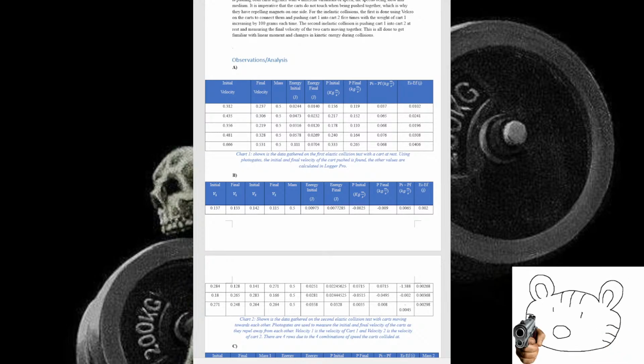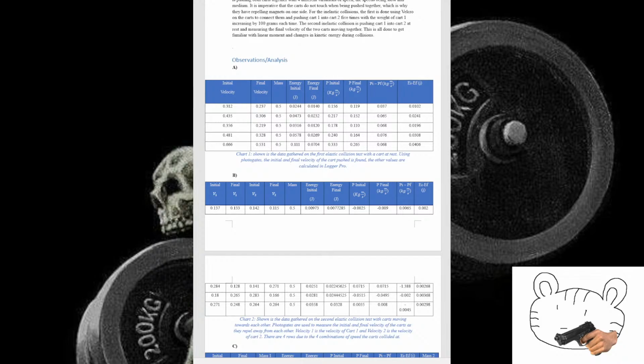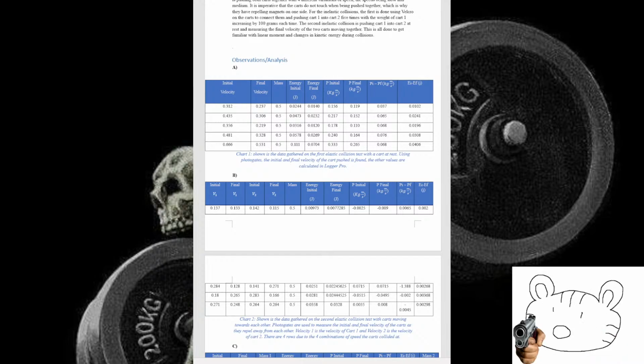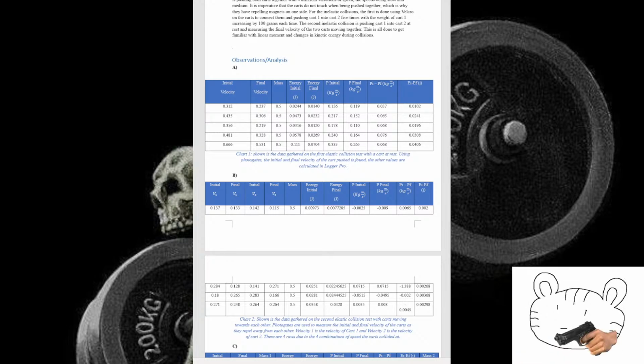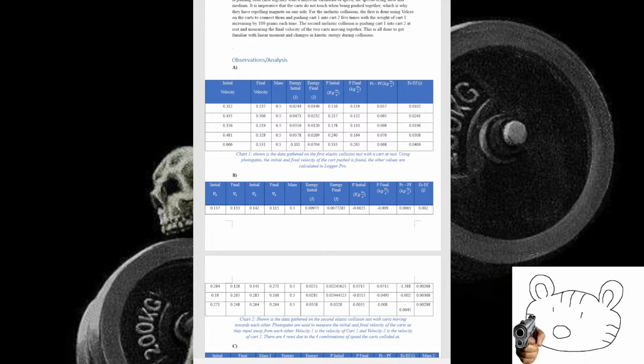Got this data point here. Okay, I'm very confused on this. So it's P initial minus P final.